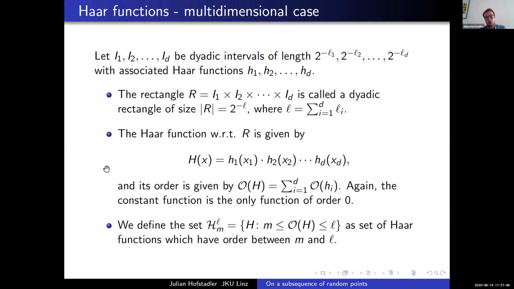And to define its order, we just sum up all the one-dimensional orders. So it's again the case that the constant function is the only function of order 0. And also, to save some notation, I will use the following set to just denote all half functions which have order between m and l.